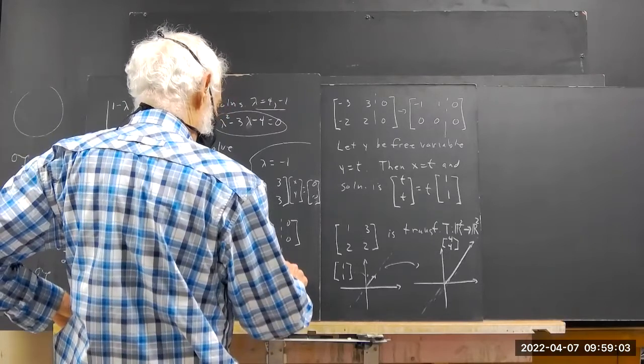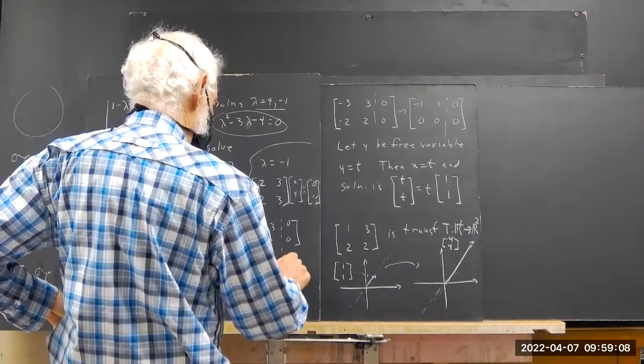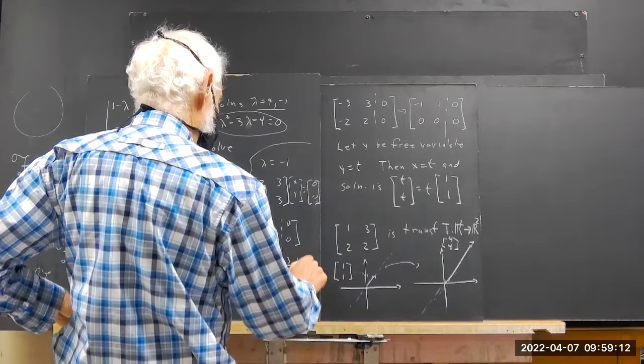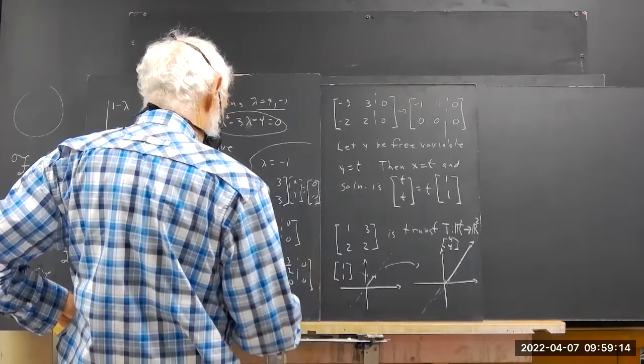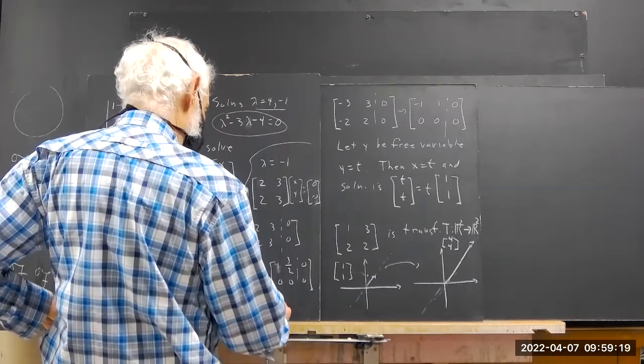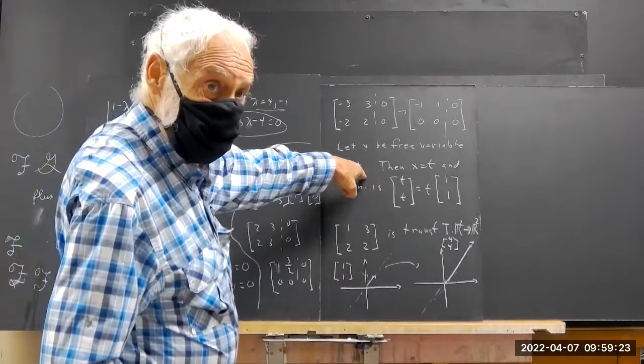I'll use 1, 3 halves, 0, 0, 0, 0, so that in your solution, you have a free variable again. We don't want to call it t because we already used t.